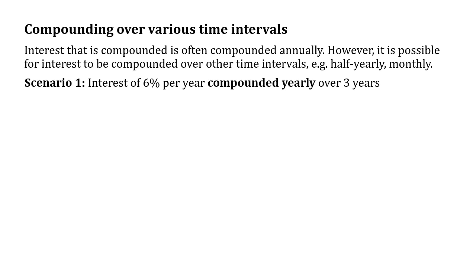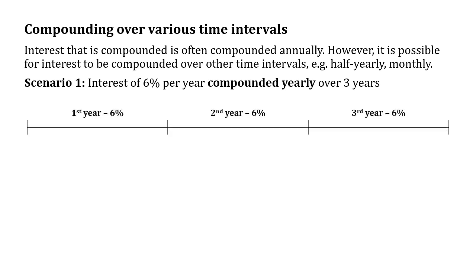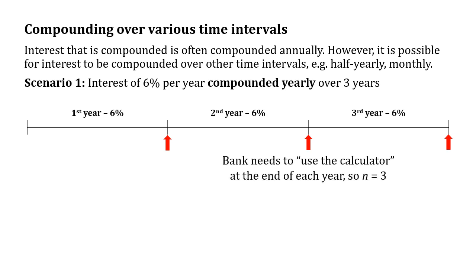The first one is the compounding is annual, is yearly. So over 3 years, interest is 6%. We can ask two questions. How often does the bank need to so-called take out the calculator and calculate the interest? Because it's compounded yearly, interest is calculated at the end of each year. So it happens 3 times.